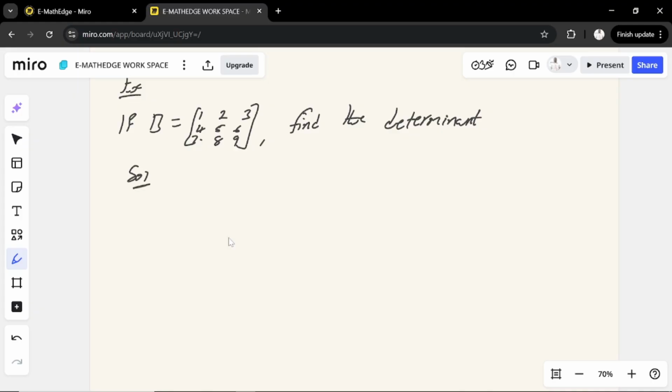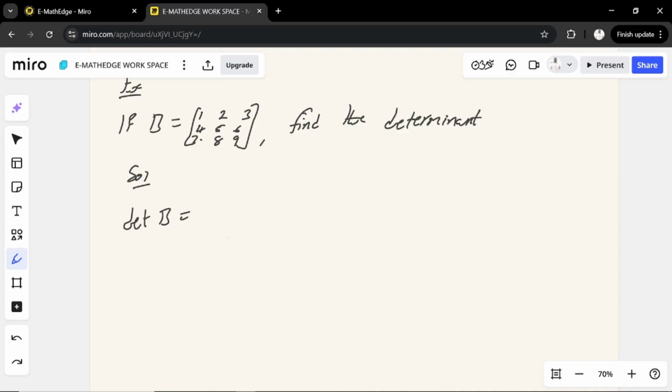So we are going to have the determinant of B is going to be, now what is the first element? The first element in this matrix is 1, right?